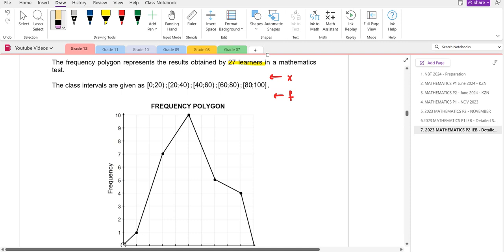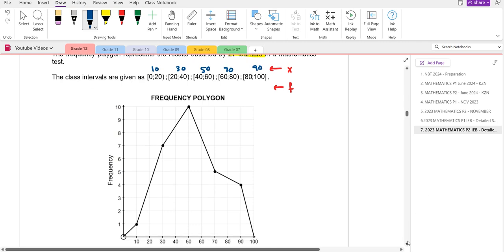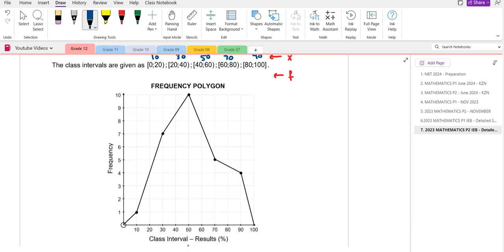So what are the midpoints here? 0 plus 20 divided by 2, that's 10. 30, because 20 plus 40 divided by 2. 50, those are the midpoints. 70 and 90. But what are the frequencies? Remember this is a frequency polygon. How do you calculate a frequency polygon?